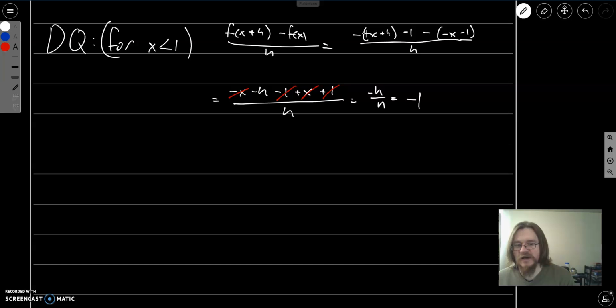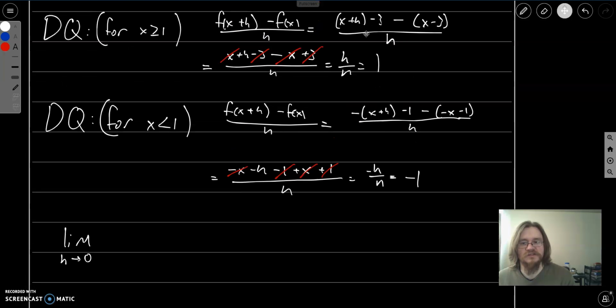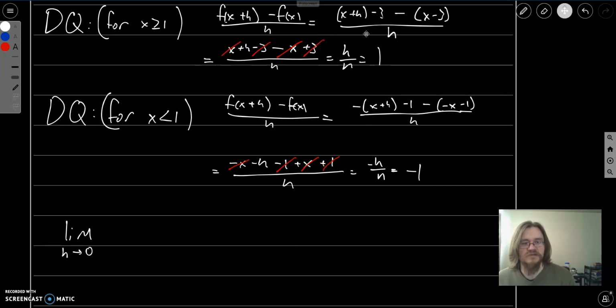working. So if I take the limit as h approaches 0 of my first difference quotient, I just get 1. And the limit as h approaches 0 of negative 1 is going to be equal to negative 1.